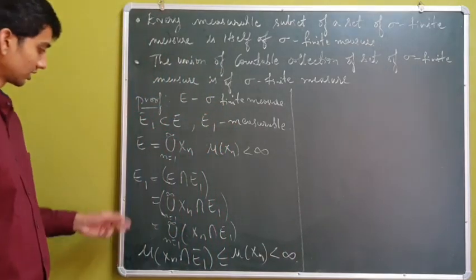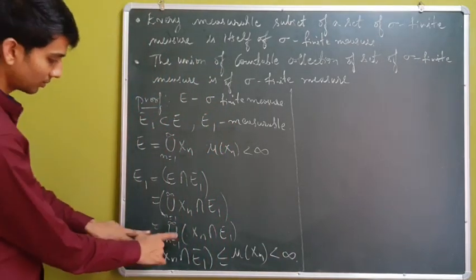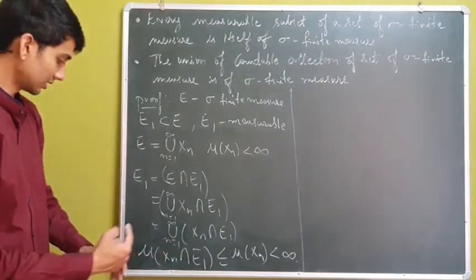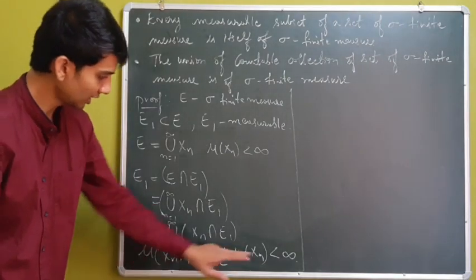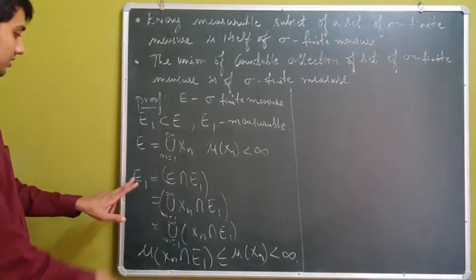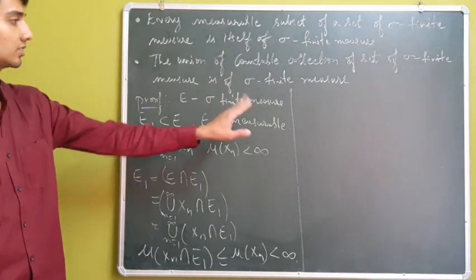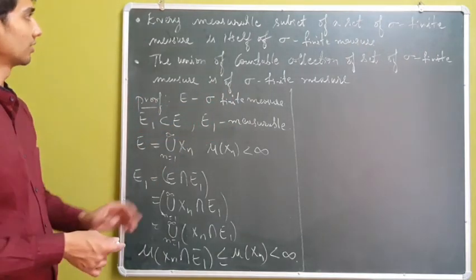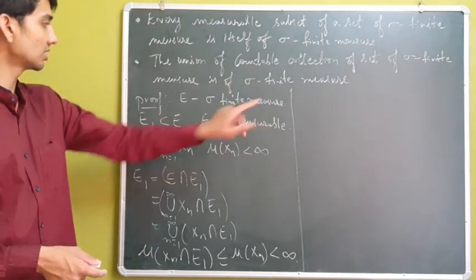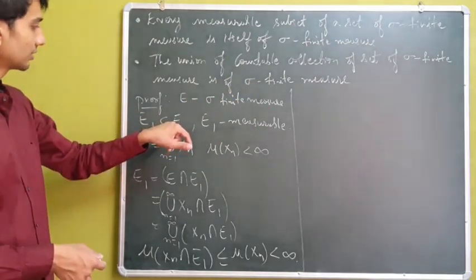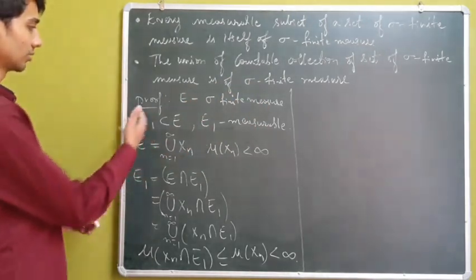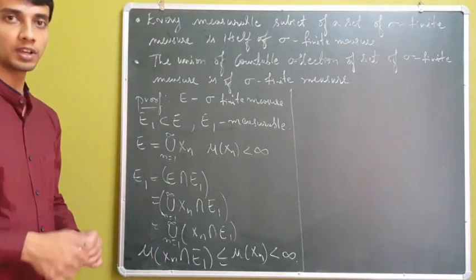Now I am able to express E1 as a countable union of sets with finite measure. So that implies E1 is also of sigma finite measure. Having E to be of sigma finite measure and E1 a subset of it, that set is also of sigma finite measure.